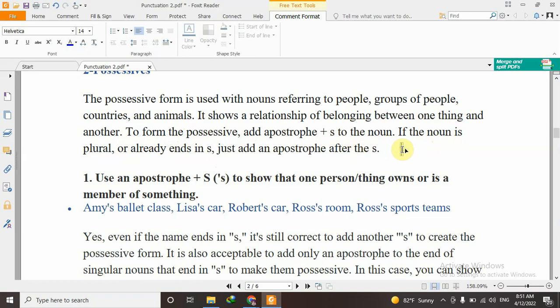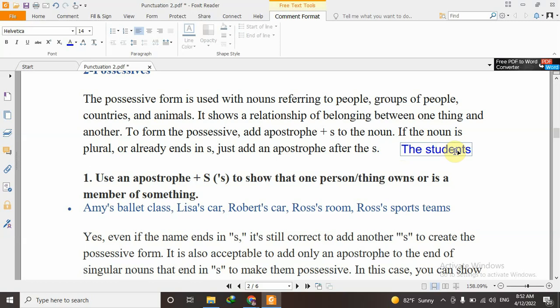For example, we have the word the students. Now the word is plural, right?